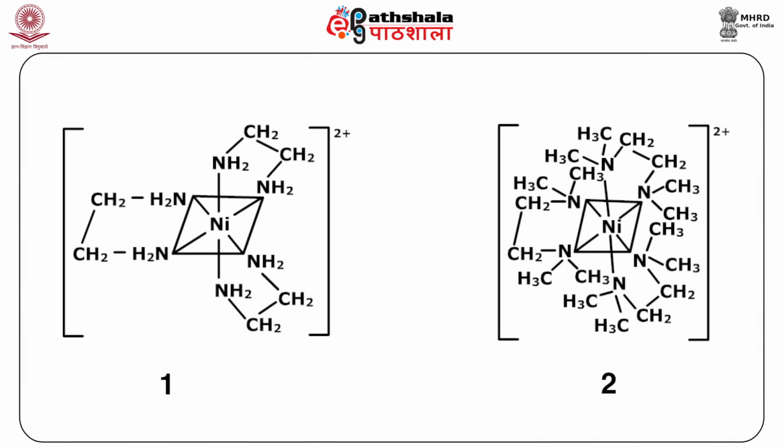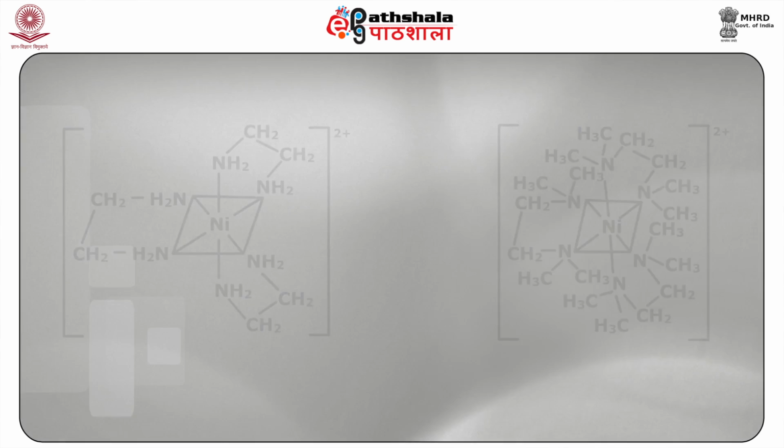For example, ethylene diamine and N-tetramethyl ethylenediamine both are bidentate ligands and form chelates with nickel 2+ ion. The complex 2 is less stable than 1 because in complex 2, the methyl groups attached to donor atoms create steric hindrance and decrease the stability of the complex.